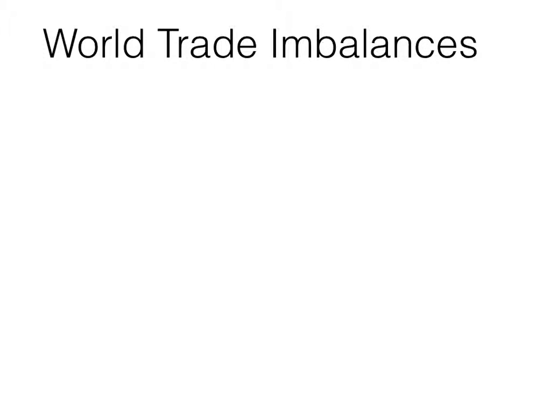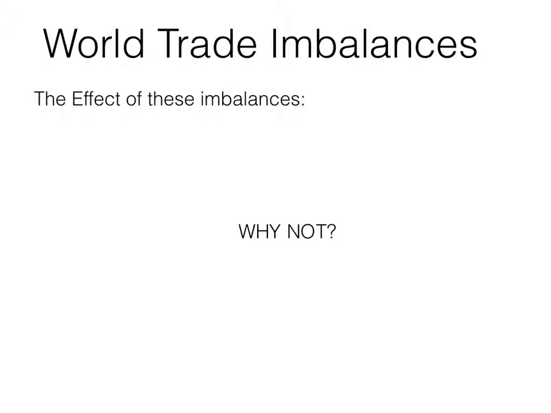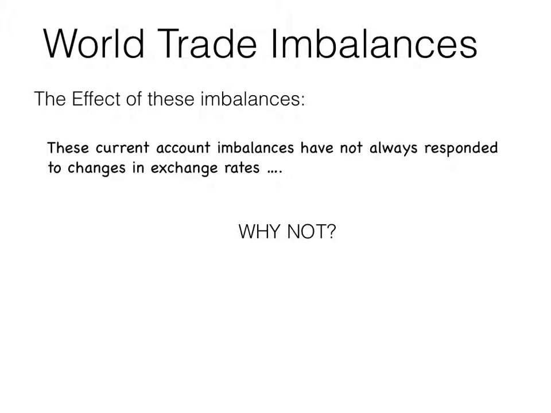Okay, let's move on. Now what we're going to do is look at the case study argument, which says, well, the problem is that the current account imbalances haven't always responded to changes in the exchange rate. That's what it actually says in the case study.